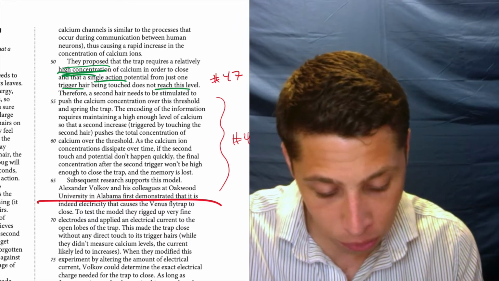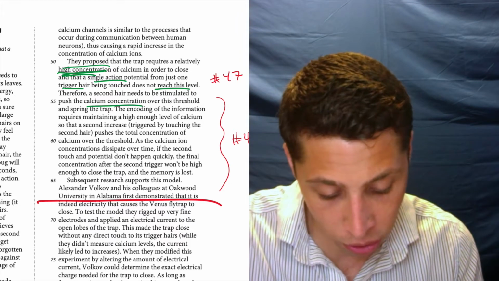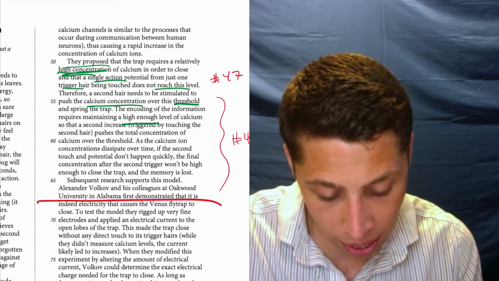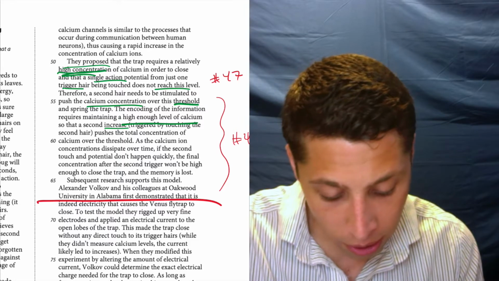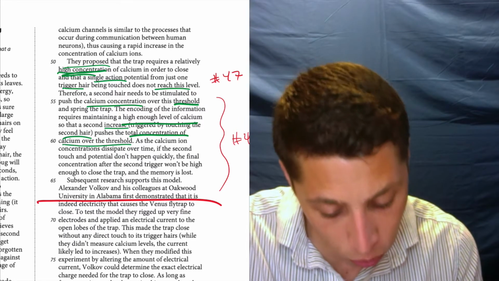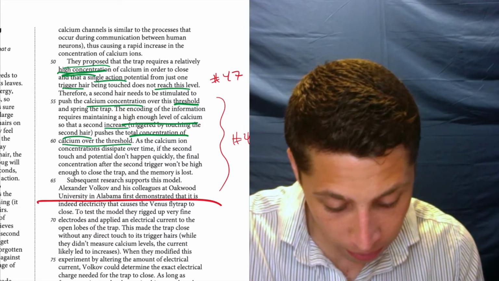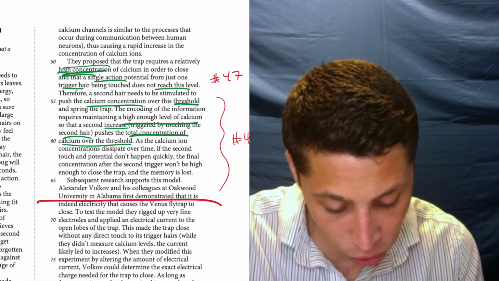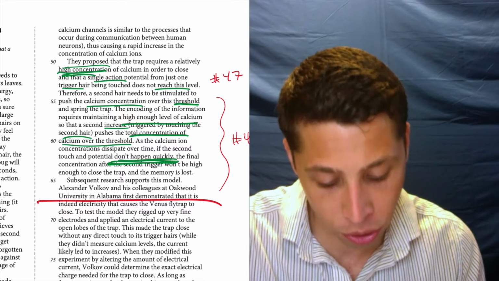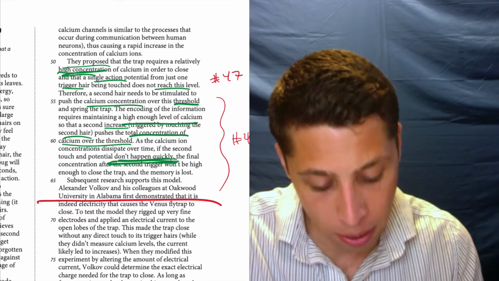Therefore, a second hair needs to be stimulated to push the concentration over the threshold and spring the trap. The second hair's trigger increases the total concentration over the threshold. If the second touch doesn't happen quickly, here's the most important piece, the final concentration after the second trigger won't be high.